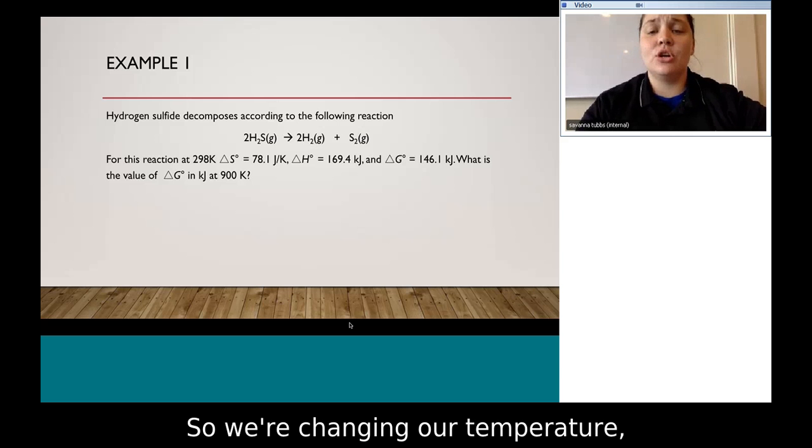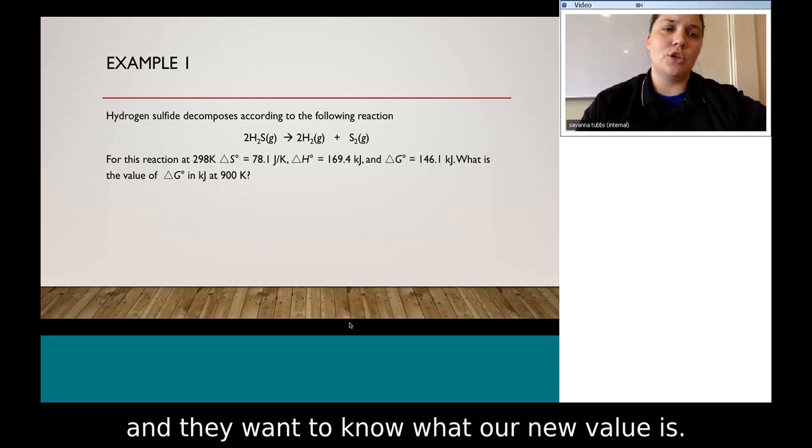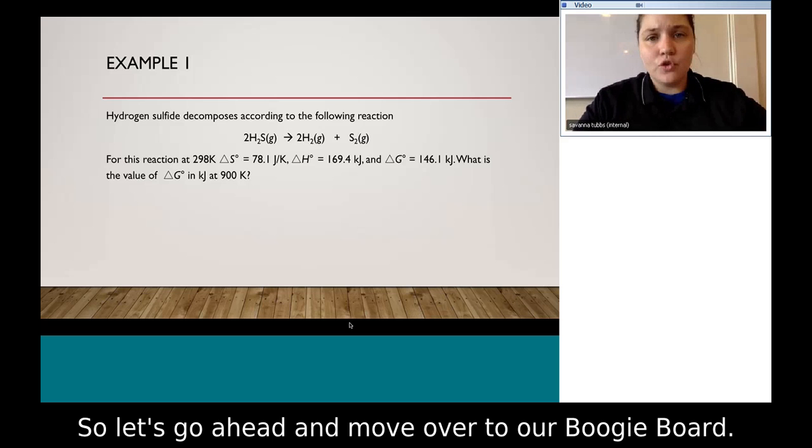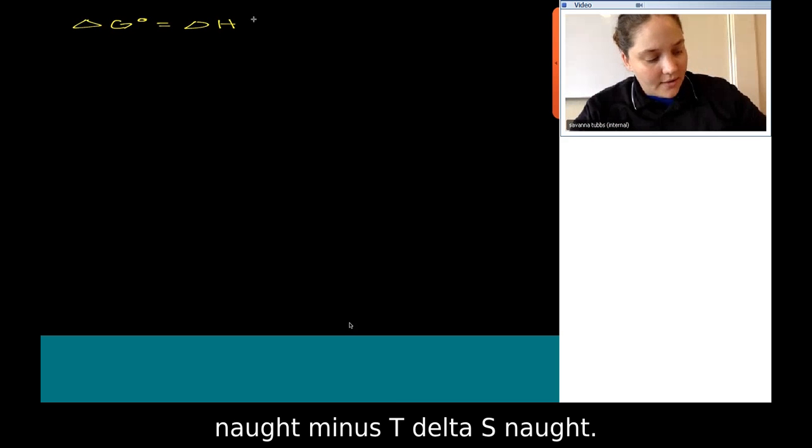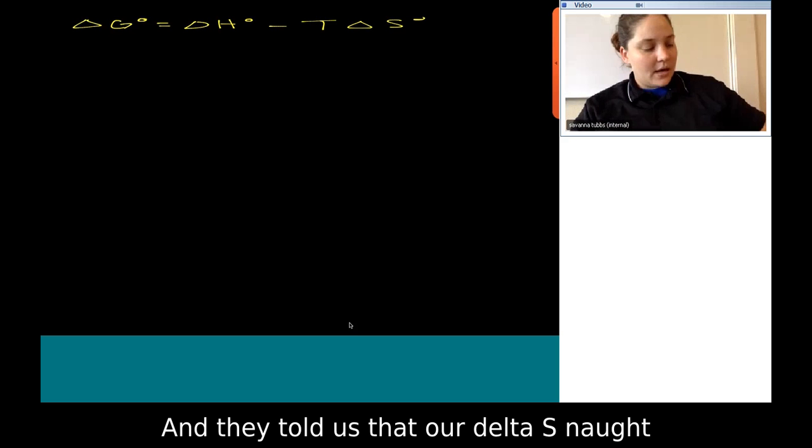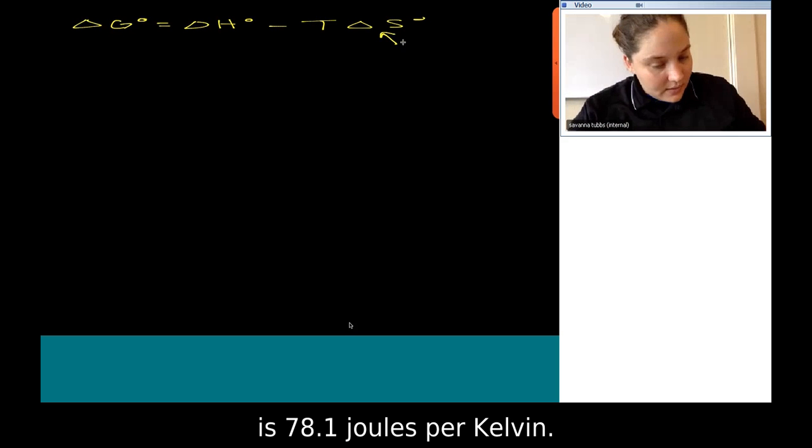So we're changing our temperature and they want to know what our new value is. So let's go ahead and move over to our board. So we know that the equation that we need to use is delta G naught equals delta H naught minus T delta S naught. And they told us that our delta S naught is 78.1 joules per Kelvin.